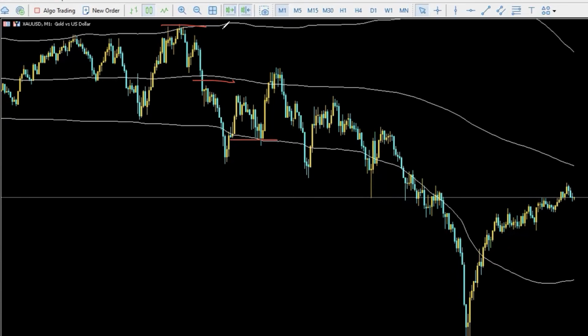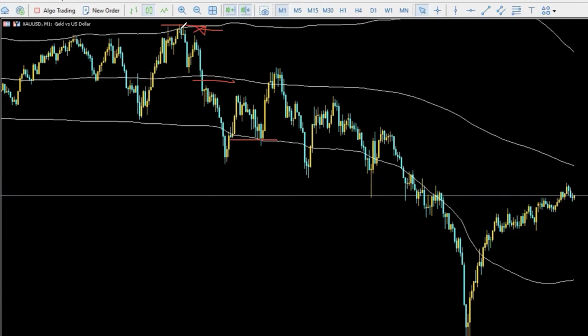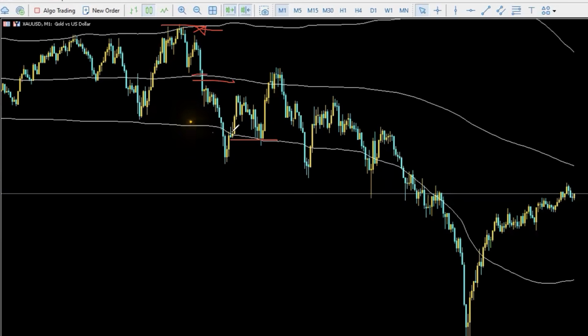So for example, here, we can see price reach a top resistance zone on the 1 minute time frame. It could not go any higher, so it sold. Boom. Once it sold, not only did it break the middle Bollinger Band zone, it also reached this zone and broke it while going a little bit below it.